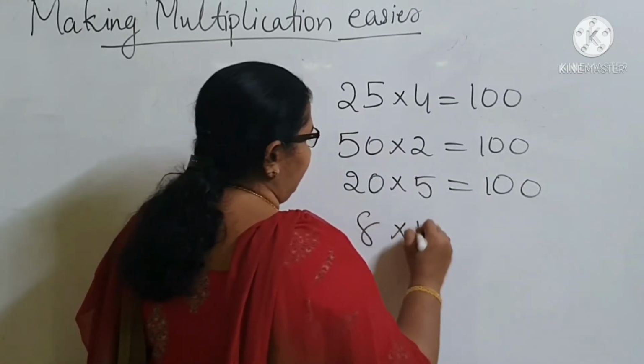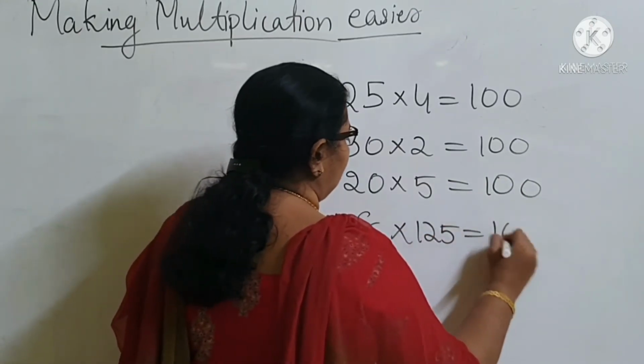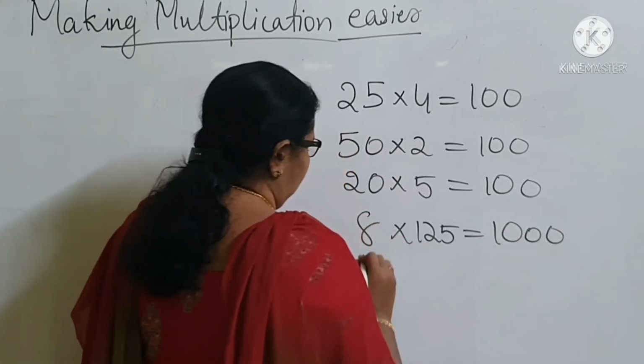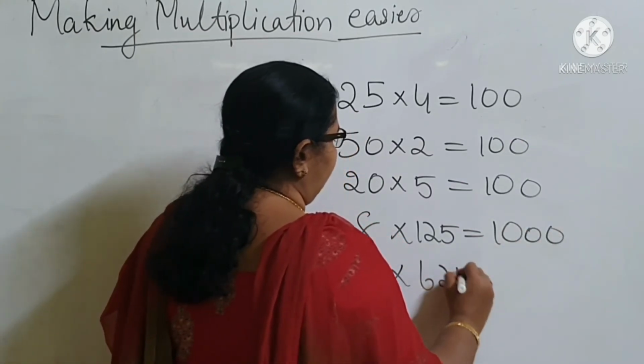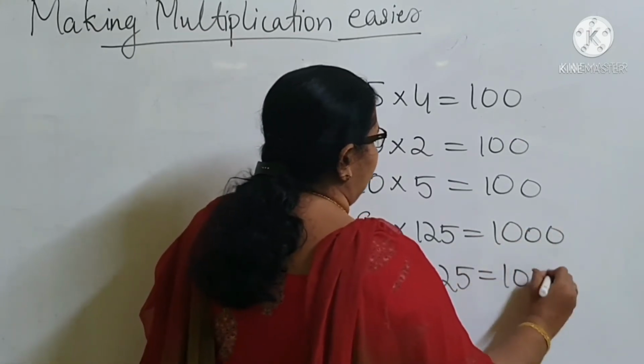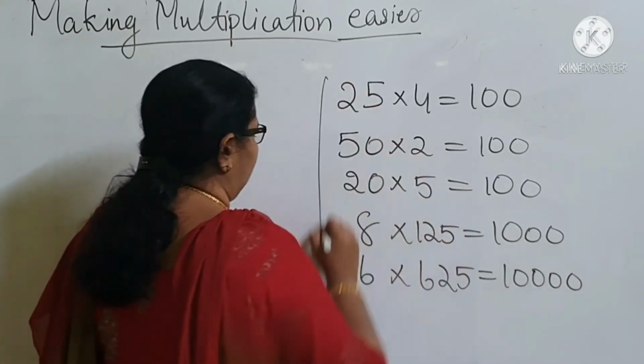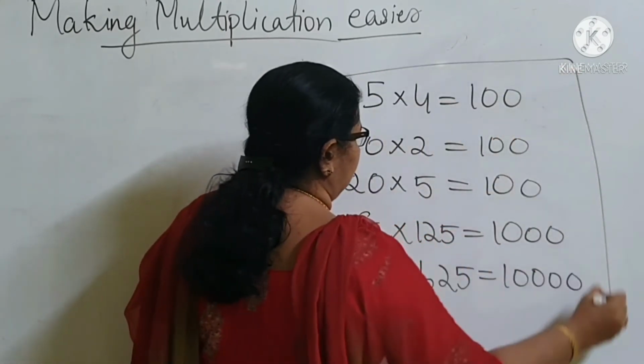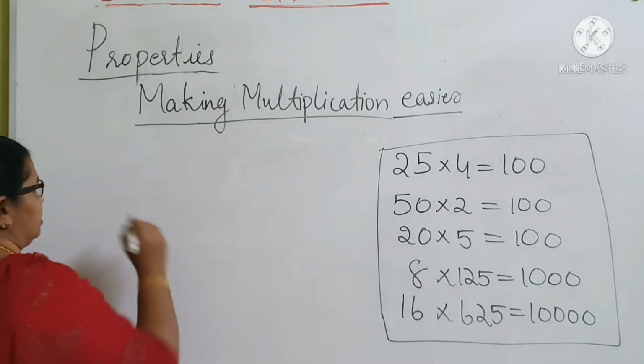Then 8 into 125 is equal to 1000. 16 into 625 is equal to 10,000. So if you learn by heart, let us do some example questions.